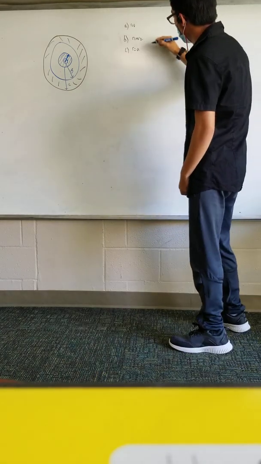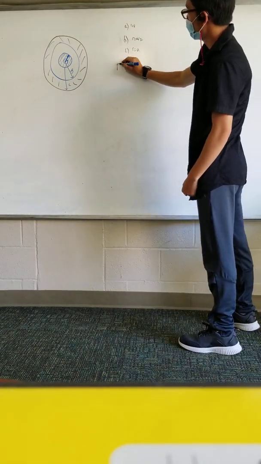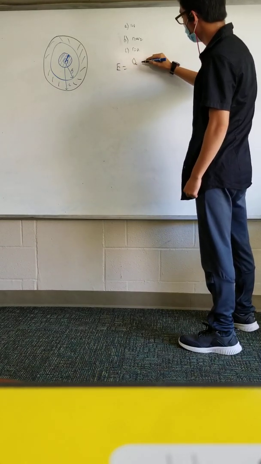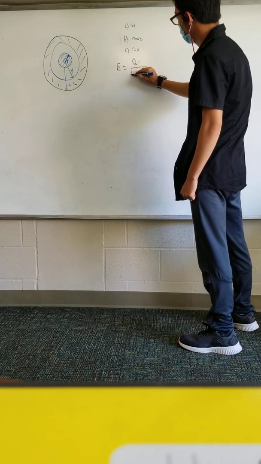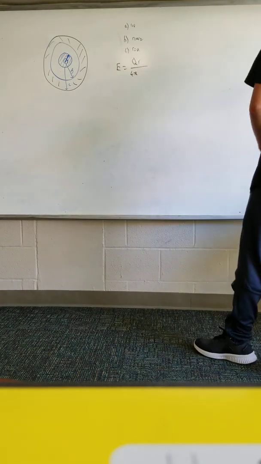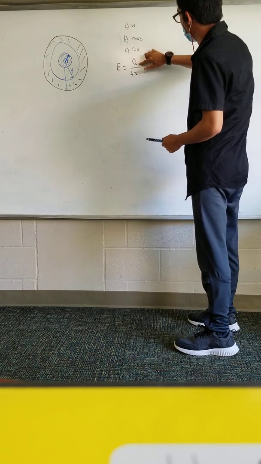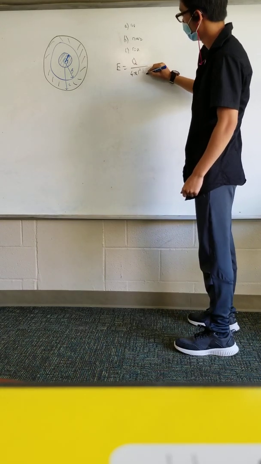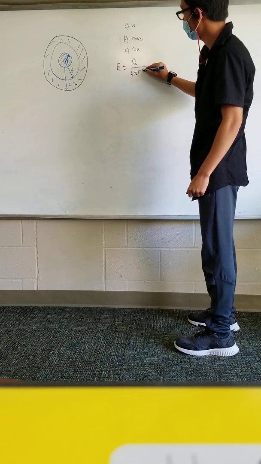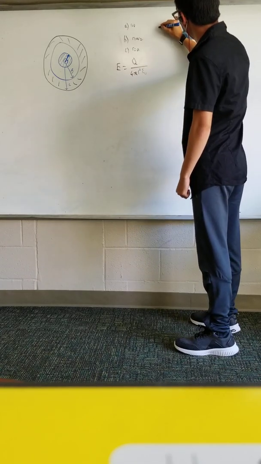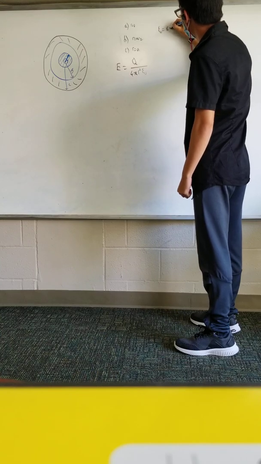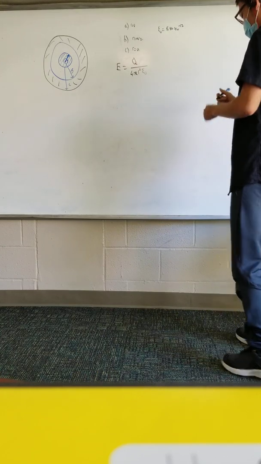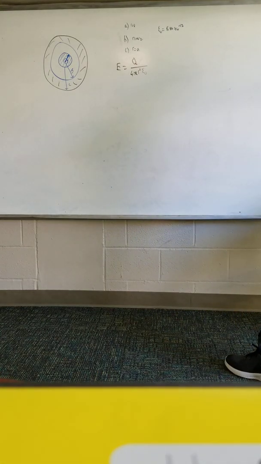If you remember Gauss's law for a sphere, you have E equals charge over, oh no, the radius goes on the bottom, 4 pi r squared times epsilon. I don't remember what this constant is called, but all you need to know is that this constant equals 8.85 times 10 to the negative 12, I think. You should have that on your sheet.